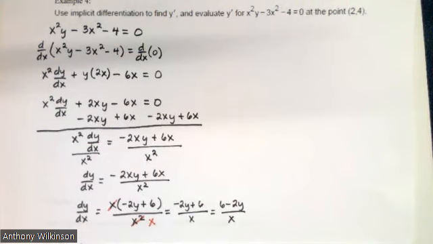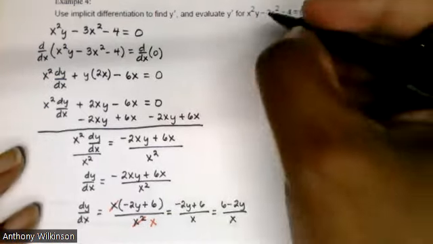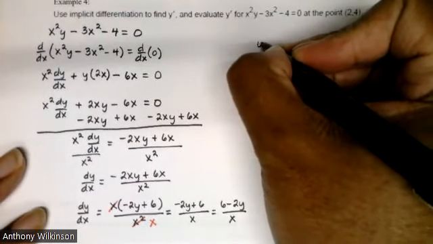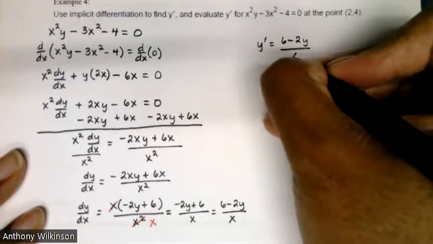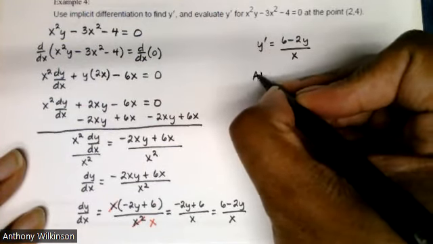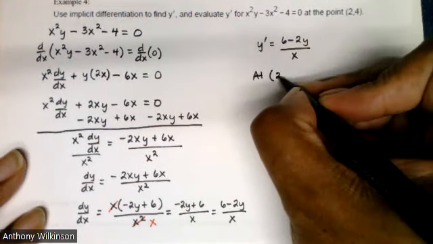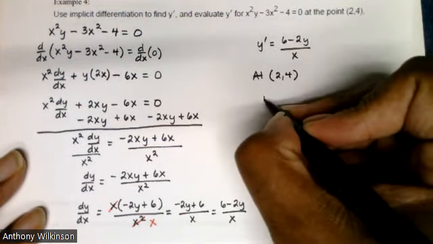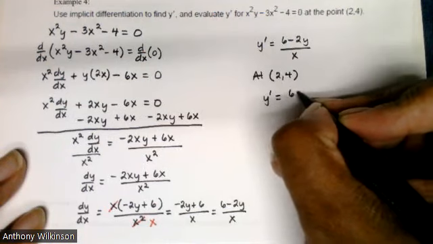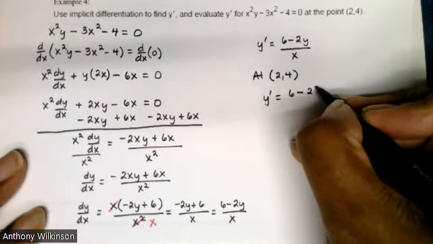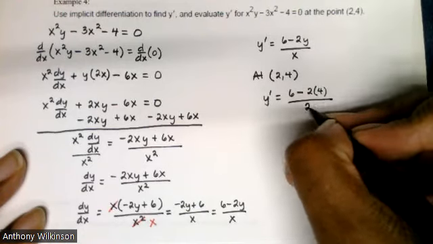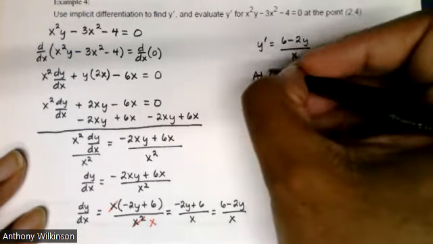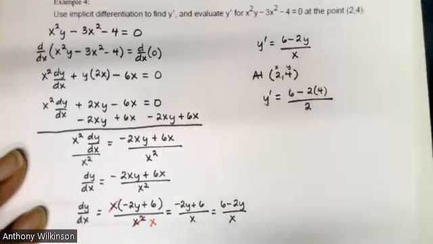All right, and now let's find out what y prime is at the point 2, 4. So y prime is that 6 minus 2y over x, and we're going to evaluate that at the point 2, 4. So y prime then will be equal to 6 minus 2 times your y, which is 4, divided by x, which is 2. Again, this is x and that's y.